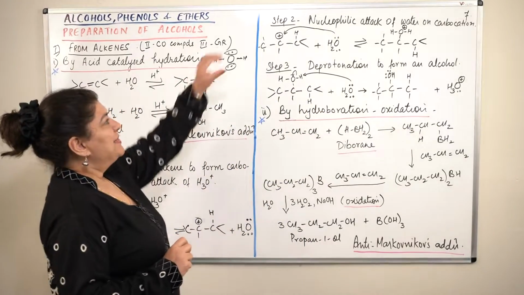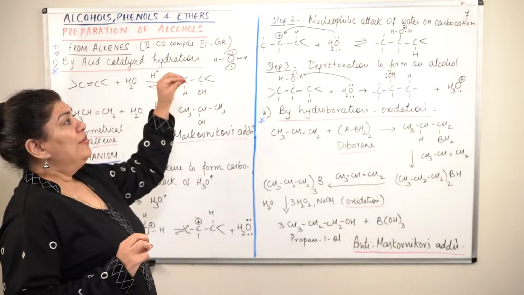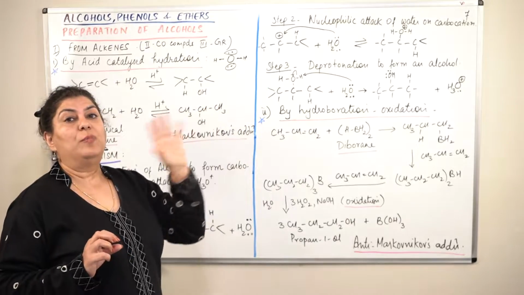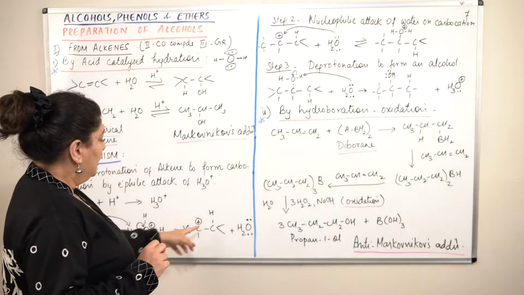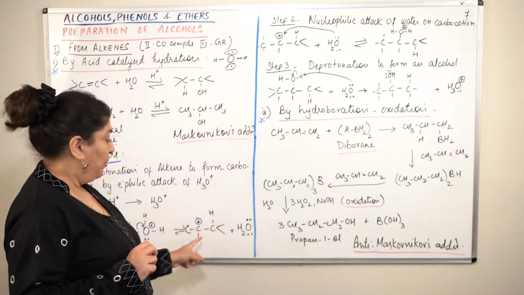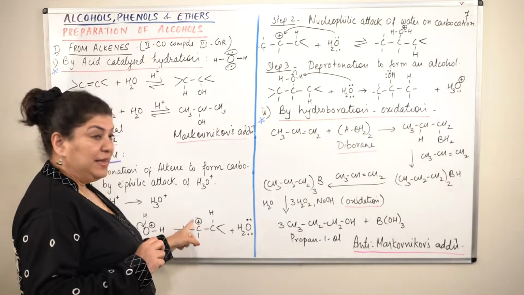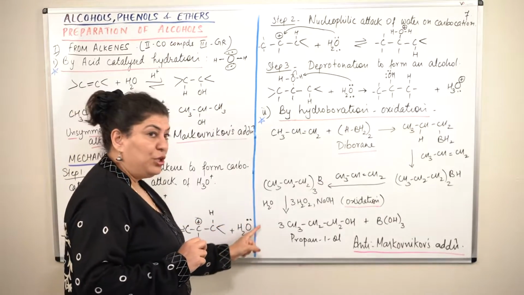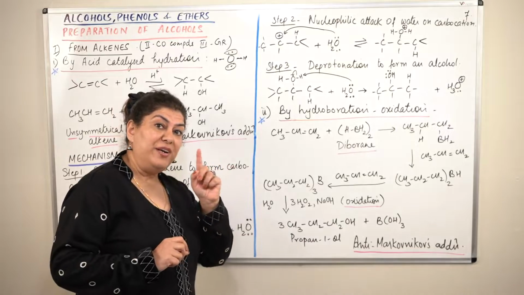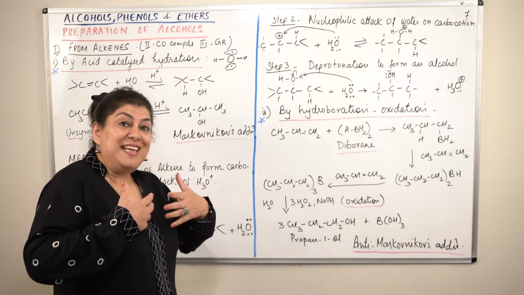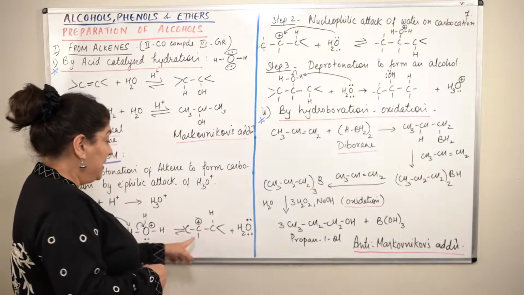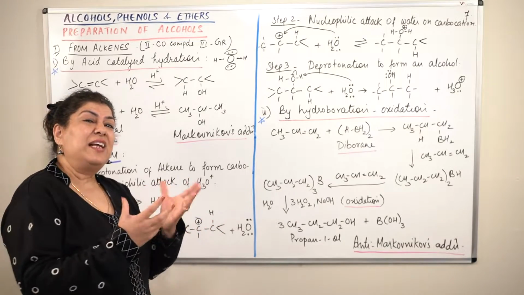In the next step, step 2, nucleophilic attack of water on carbocation. Now the carbocation is positively charged at the second carbon, but the water molecule has oxygen which has lone pairs of electrons, which means it is electron rich, and the carbocation is electron deficient.